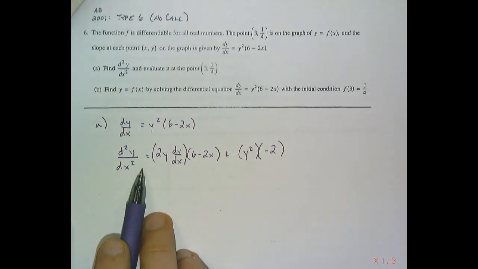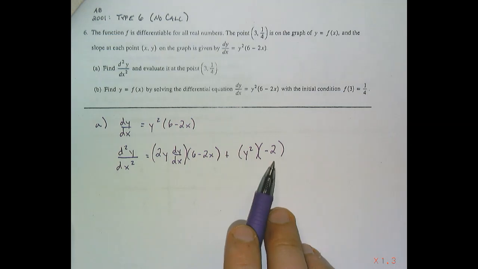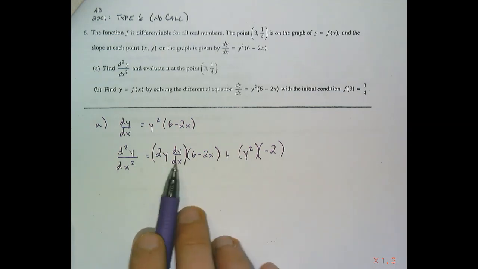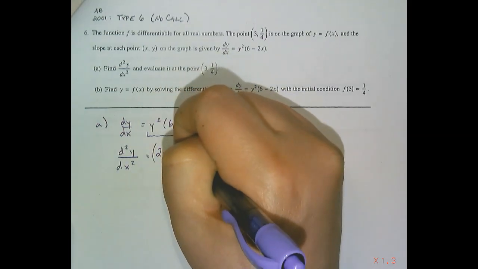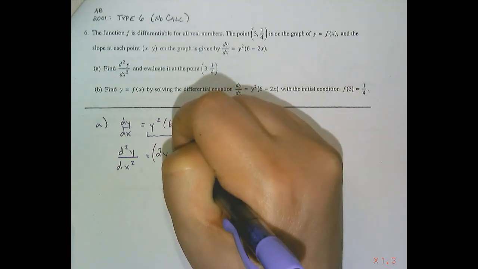Now this is our second derivative, and it is best if we express it all in terms of x's and y's. So I'm going to replace dy/dx with the value of dy/dx.